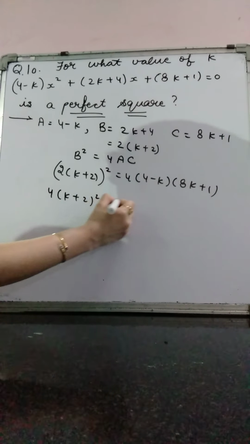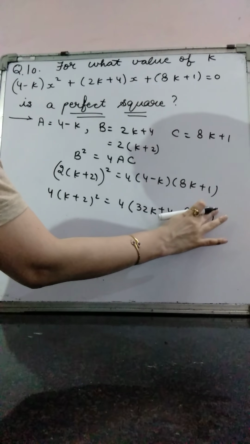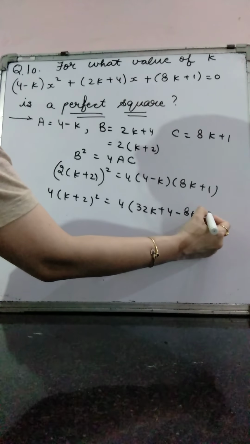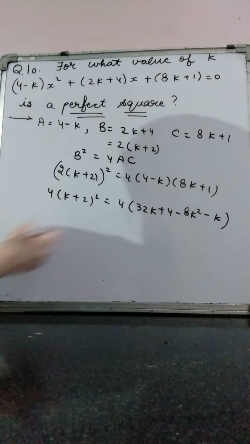Now multiply both of them. 4 into 8k, 32k. 4 into 1, 4. Minus 8k square. K into 1, that is k. Cancel 4 and 4.